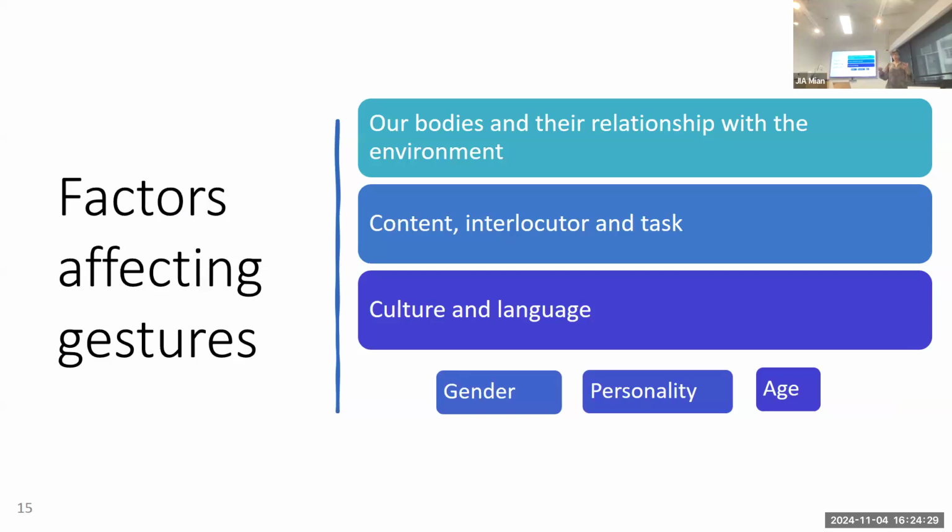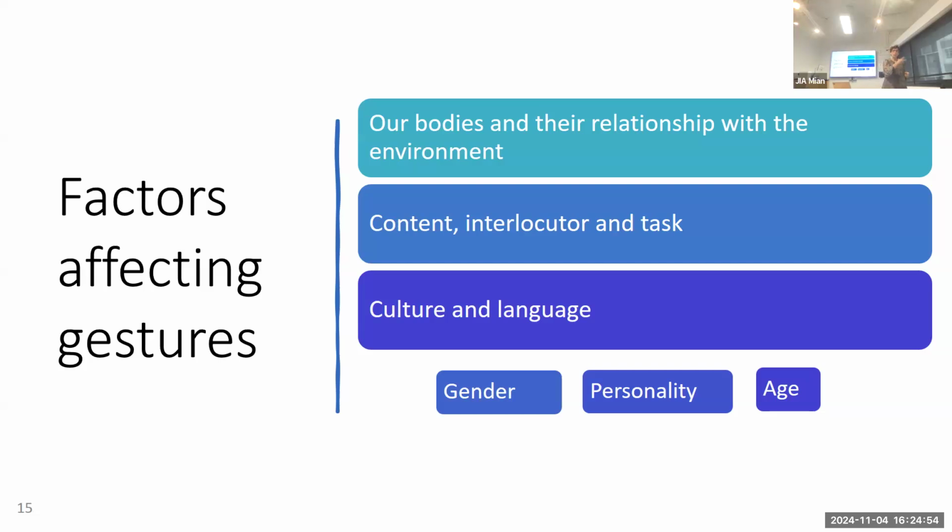So I have already told you quite a number of reasons why we gesture. The two key ones are the function, whether a cognitive function or a communicative function. But then there are other things that also affect how much we gesture, how large those gestures are. And usually we can group them into three main areas.